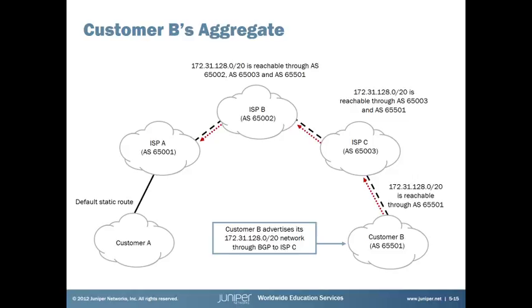C will re-advertise it, add its autonomous system number. B will re-advertise, add its autonomous system number, and that will be received by A. So ISP A will receive a route, and it will also receive the path, which is the autonomous systems through which that traffic will need to pass to get to its destination, which in this case is customer B.